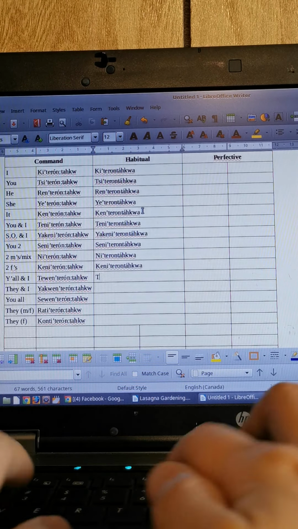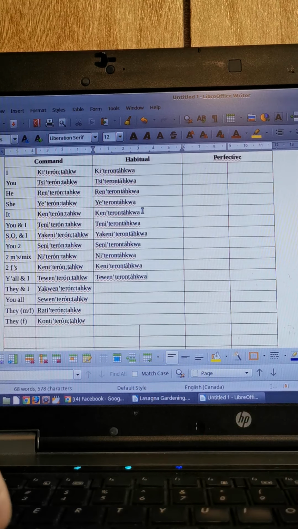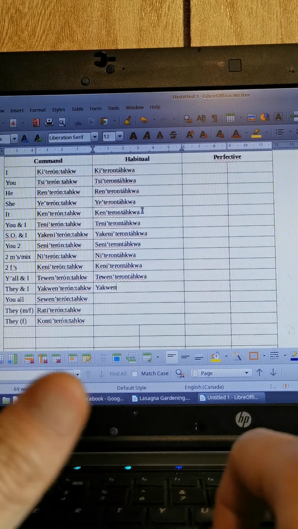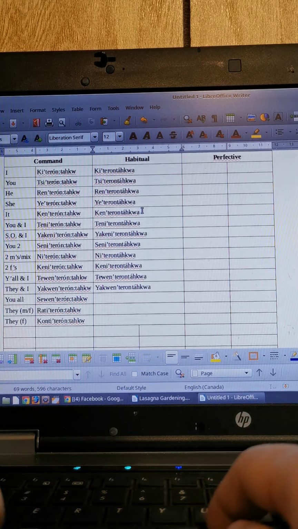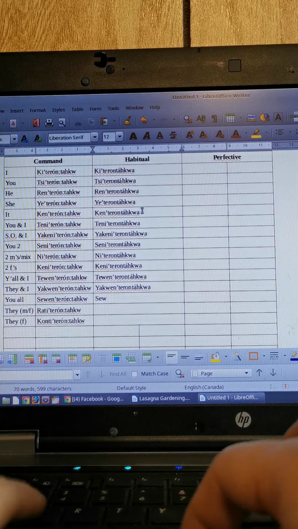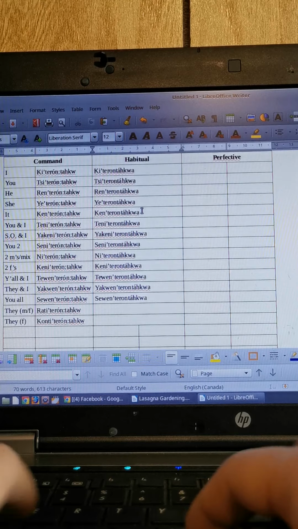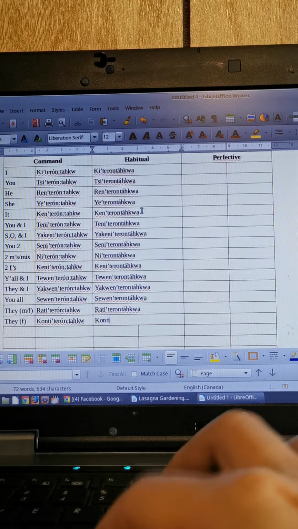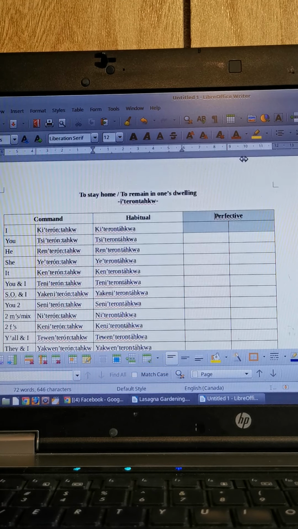You all and I, they want derundahkwa. They and I stay home regularly. They want yagwant derundahkwa. You all say want derundahkwa. They, males and females, radit derundahkwa. They, females, kundit derundahkwa. Okay, now let's go over to perfective.